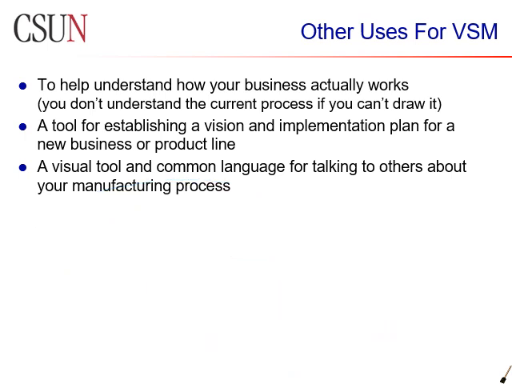Number 2, it's a tool for establishing a vision and implementation plan for a new business or a product line. When we're initiating a new product or implementing a new plan, it's better that this is associated with a value stream map. It's also a visual tool and common language.